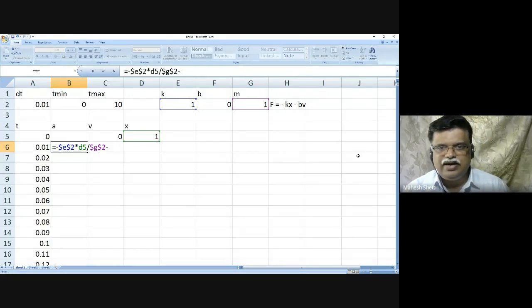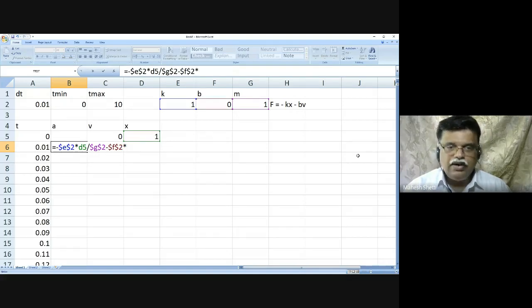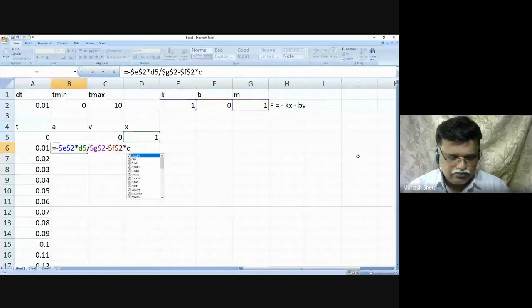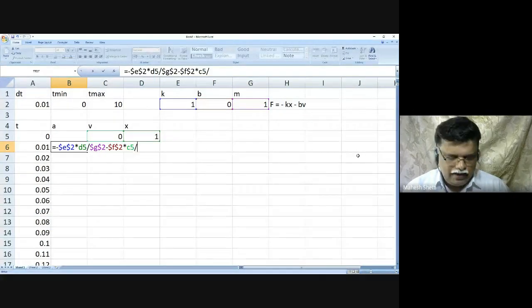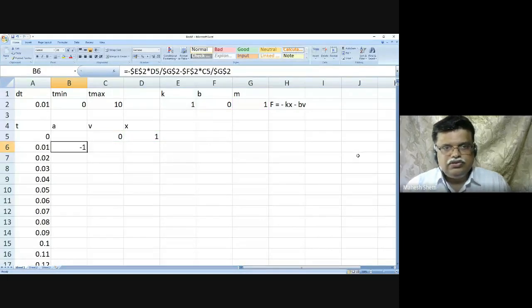So b is written in F2, so $F$2 multiplied by v, which is in C5, and divided by m, $G$2. So this is the acceleration we have calculated based on the earlier velocity.